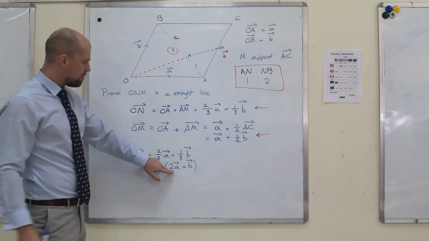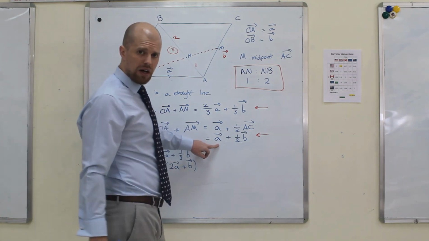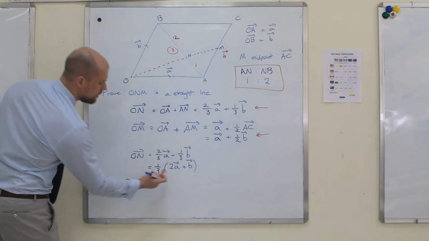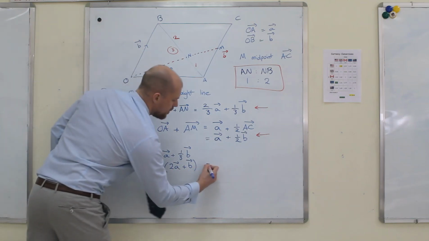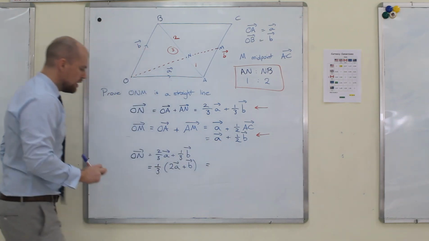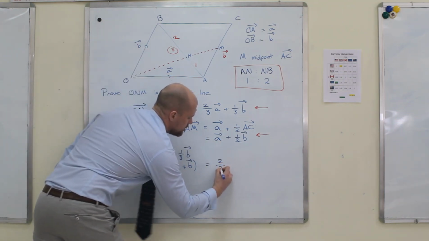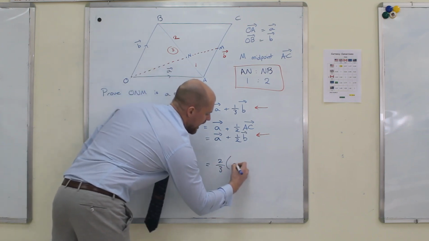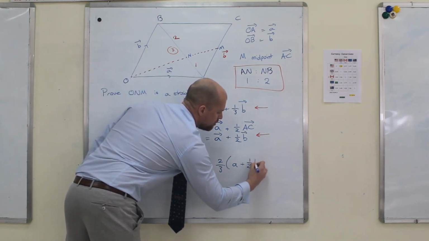You can see this is 2A plus B, and this is A plus 1/2 B. So all I now need to do is take 2 outside the brackets as well. You can tell that because you have 2A and then just 1A here. So if I take 2 outside the brackets, 2/3, I would be left with A plus 1/2 B.